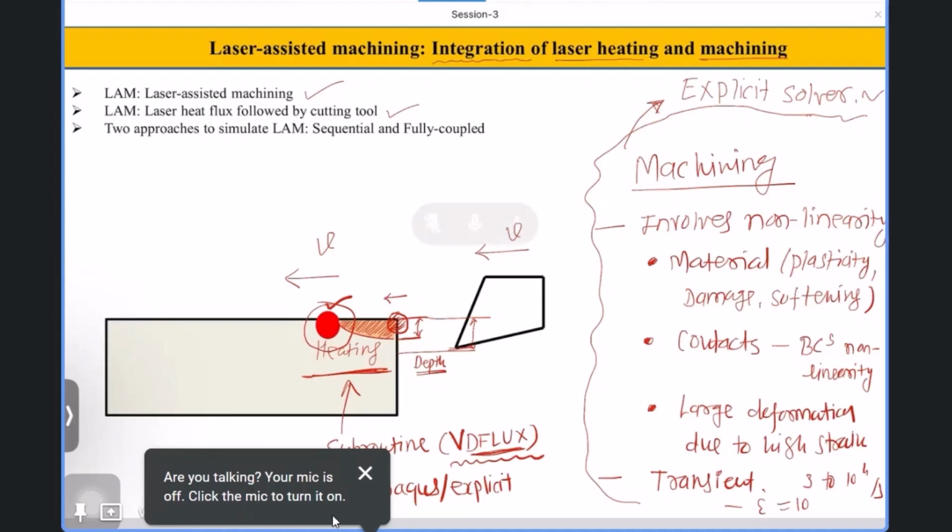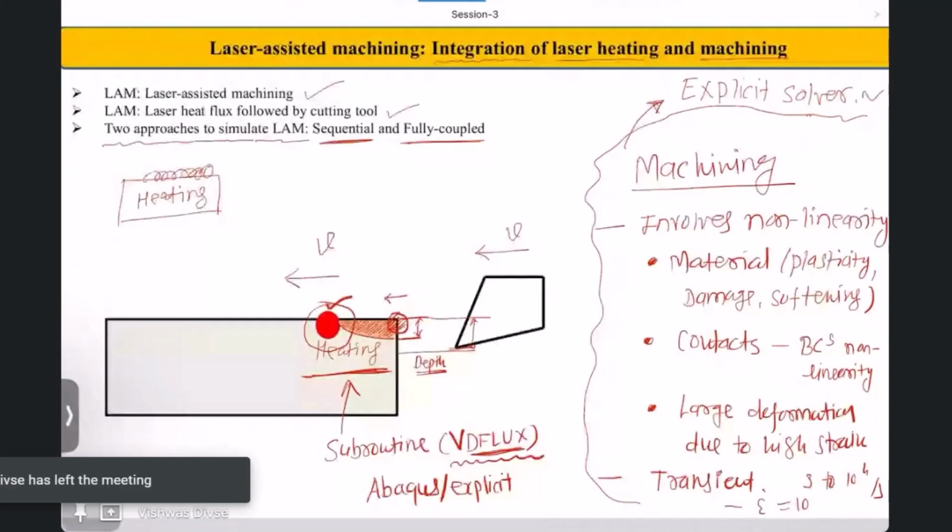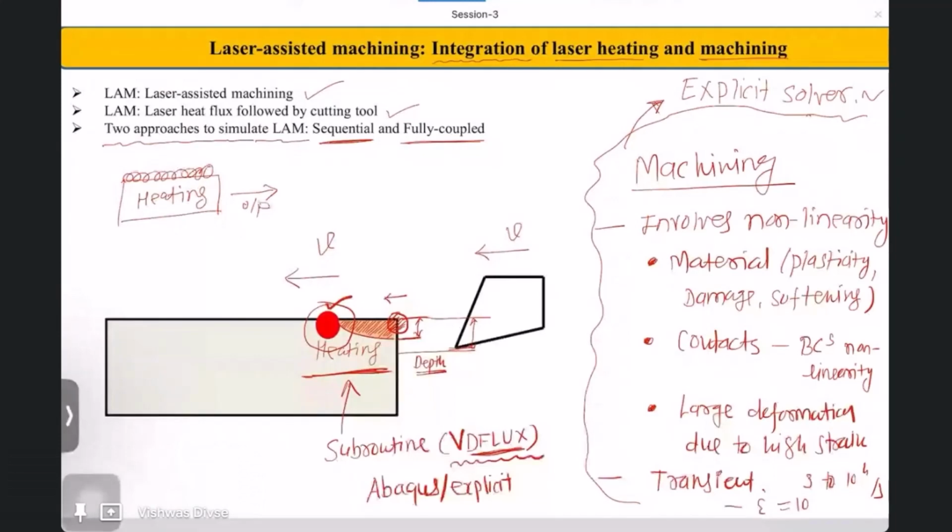In the sequential approach, they simulated heating first with the laser, using DFLUX, and then took this output into the explicit machining model.